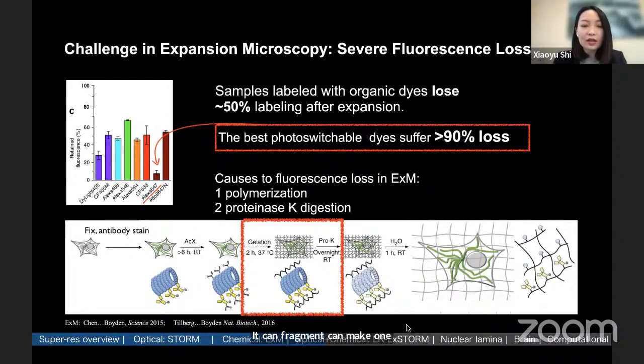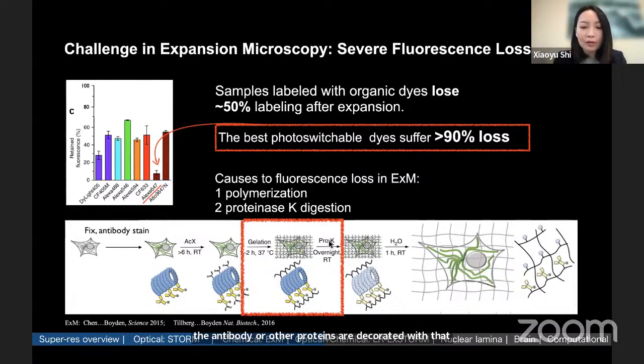And as you can see, the organic dye, which is these green dots, is cross-linked to the polymer, which is the black wiggles here, through the antibody, which is the yellow thing, because only the antibody or other proteins are decorated with that acrylamide handle.